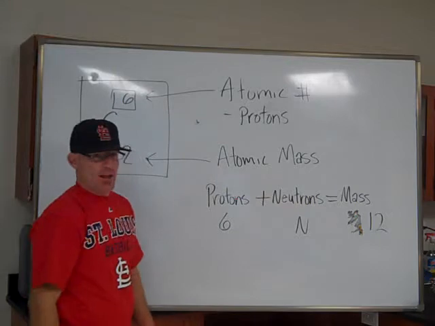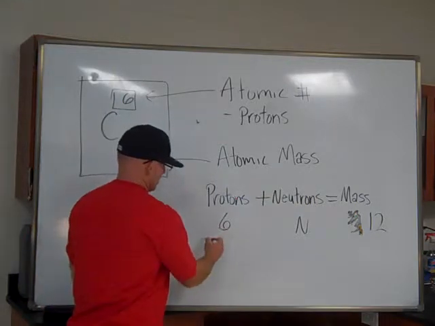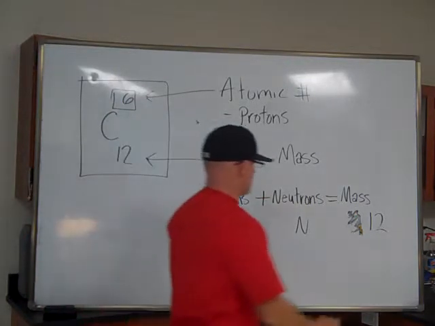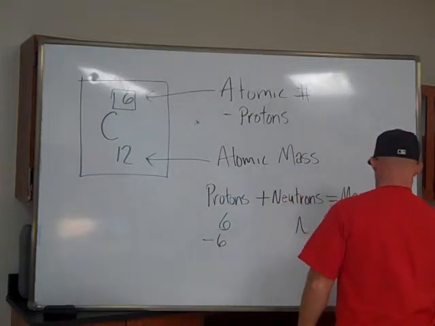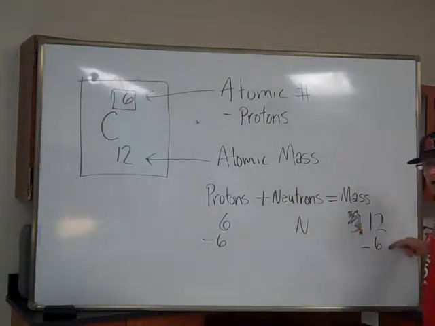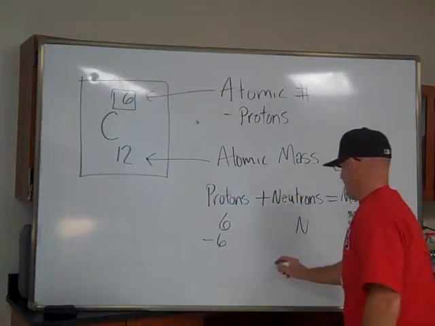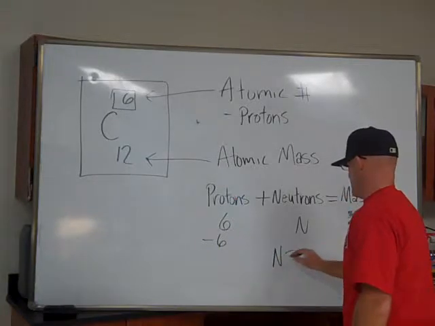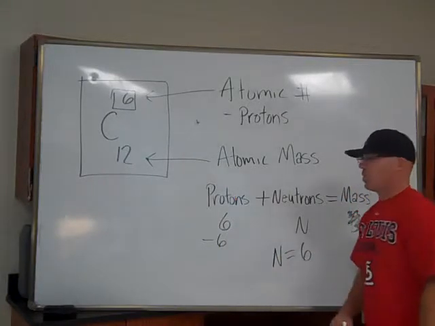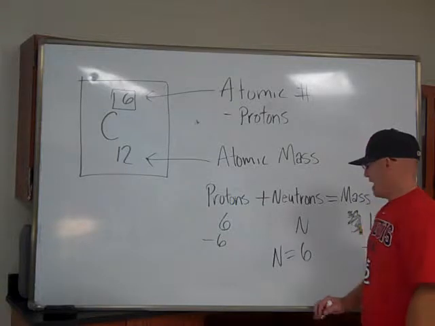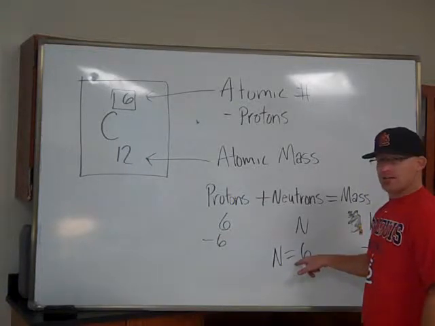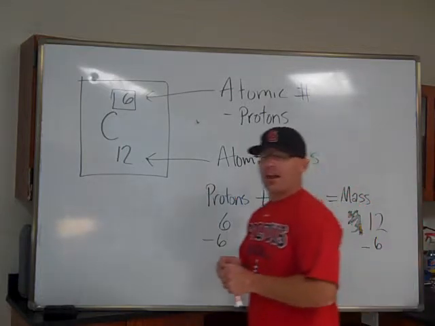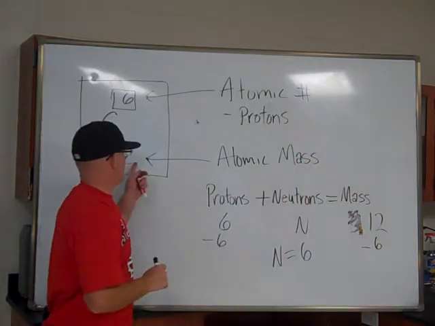I need to solve for n. Okay, so I'm going to subtract 6 from both sides, and I get 12 minus 6, so n equals 6. For carbon on the periodic table, n is equal to 6 neutrons. That's how you calculate mass, and that works for any of the elements on the periodic table.